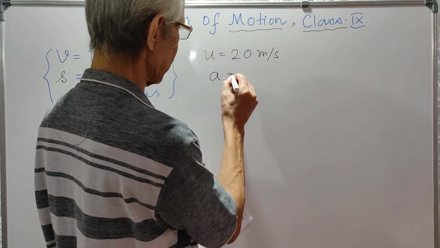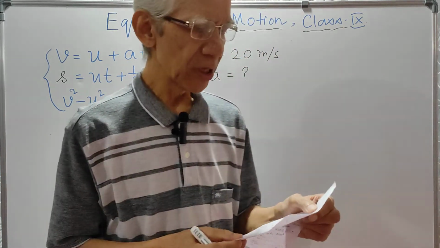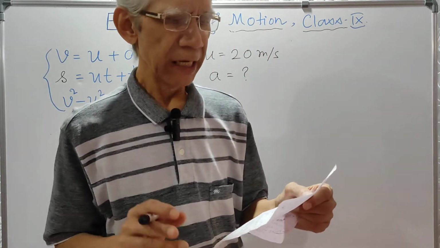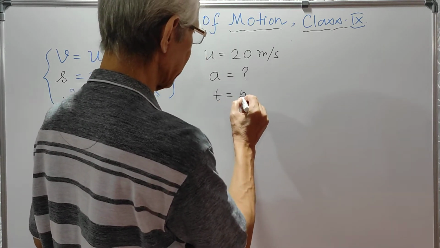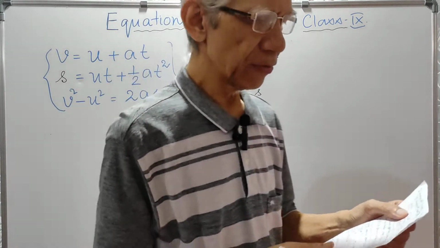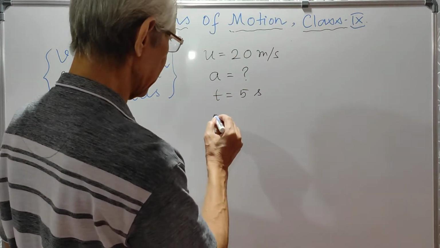So in this question, a is not given, you have to find out that a. After 5 seconds, so that 5 seconds is the time, its velocity becomes 30 meter per second. So that is v.